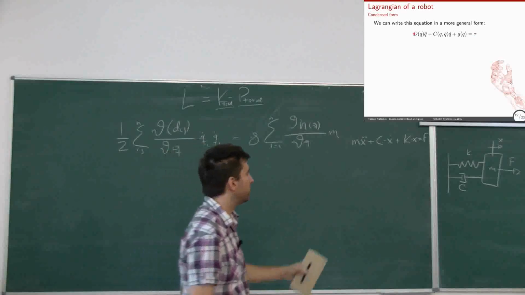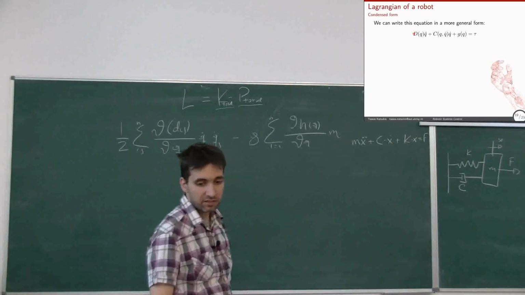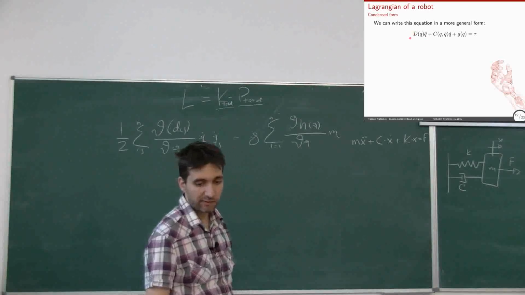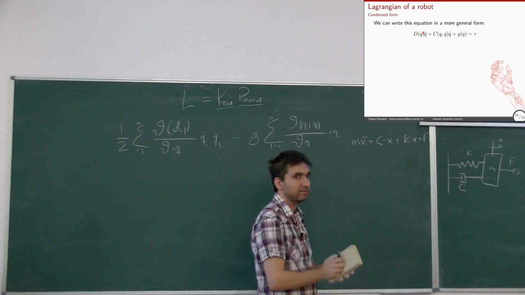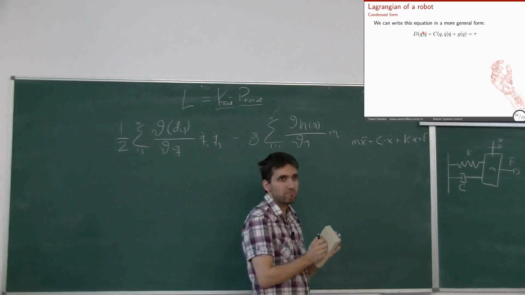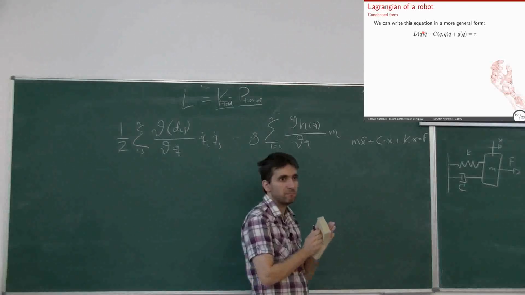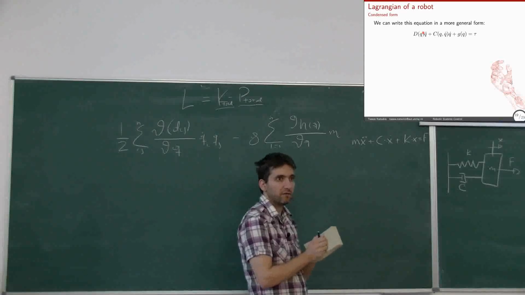So if we relate with this equation, what do we expect this matrix D to contain? Things related to the mass and the inertia of the system, right?